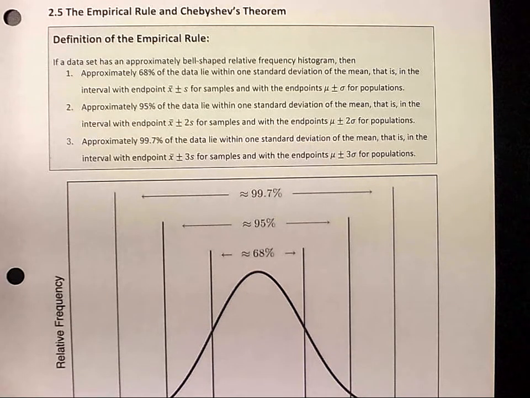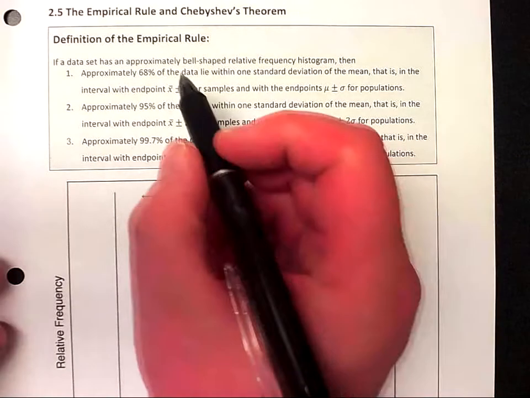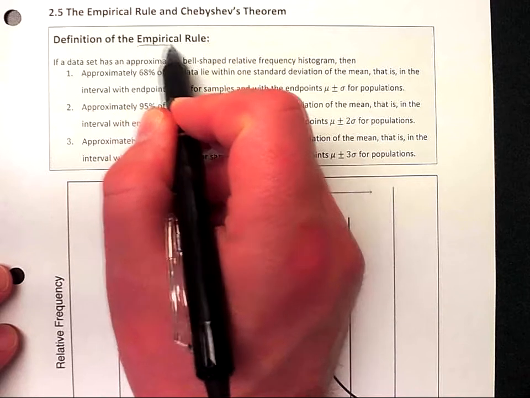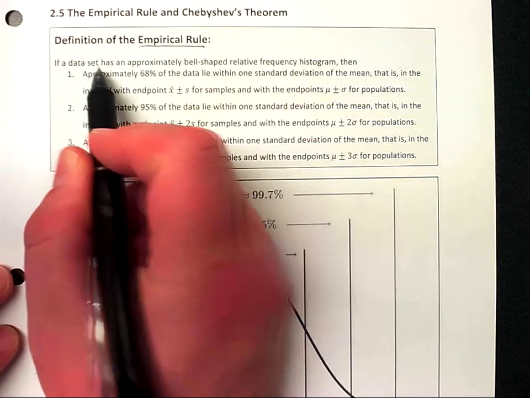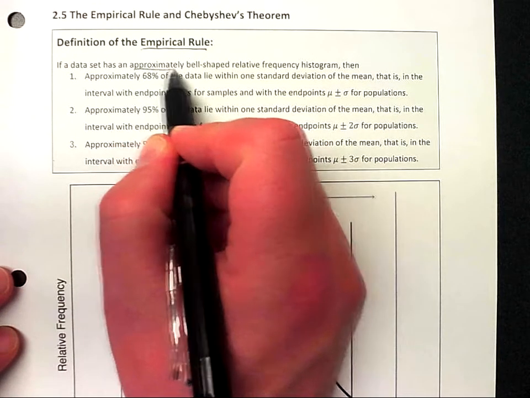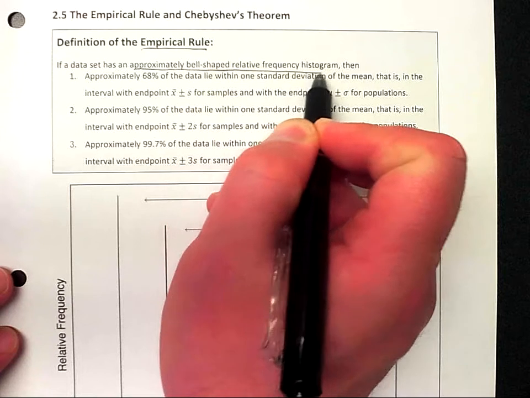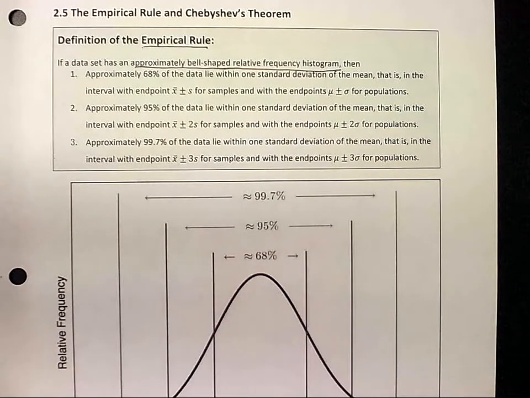So here, the empirical rule is really specific. The empirical rule says that we can only use it if a data set has an approximately bell-shaped relative frequency histogram. So let's stop there for a minute and see what exactly it means for a relative frequency histogram to be approximately bell-shaped.